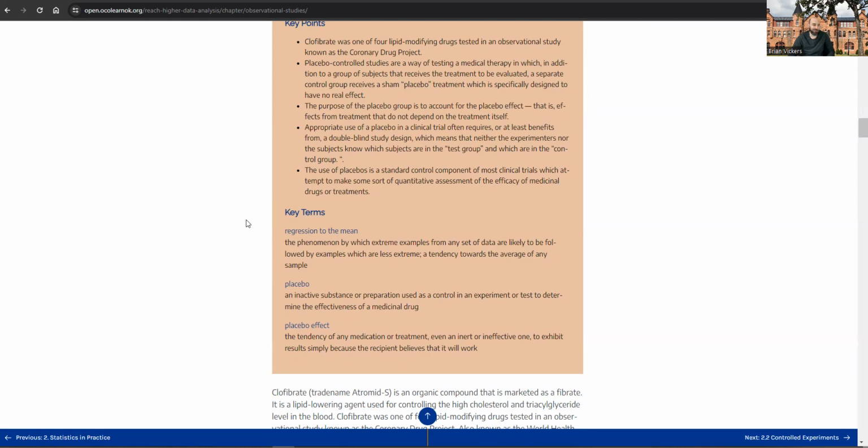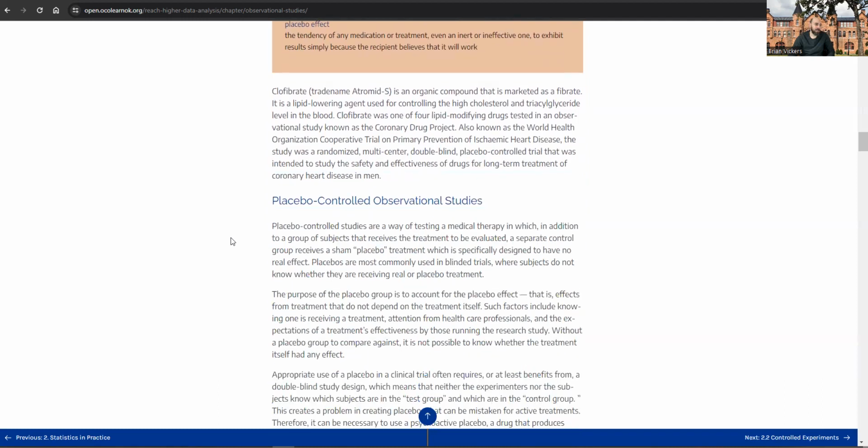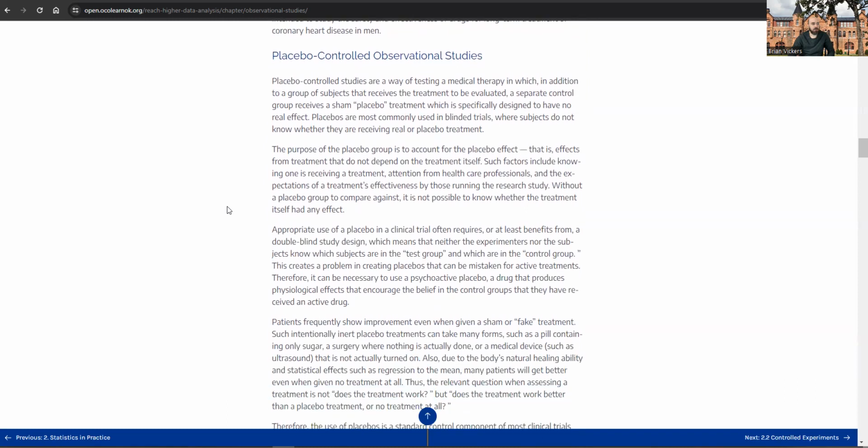21 to 22 season. All right, so some terms to know when you're looking at experiments. Placebo-controlled observational studies allow you to add an extra effect to get maybe more significance to whether that drug is working. If everyone's given the drug and people are exhibiting various signs of improvement, are they improving because they think it's working, or is it actually working?